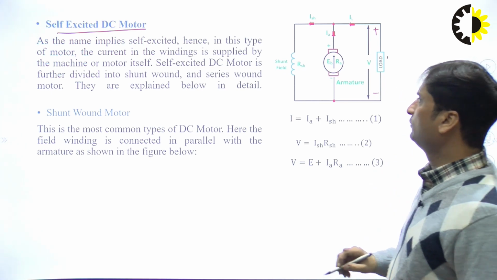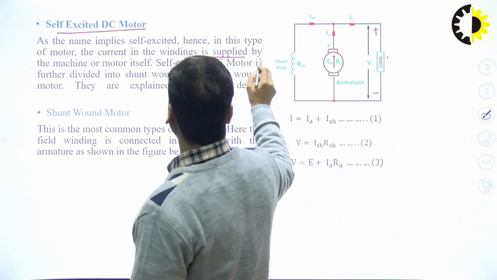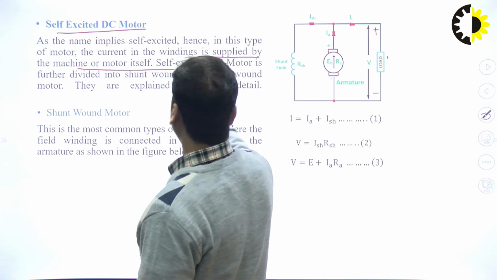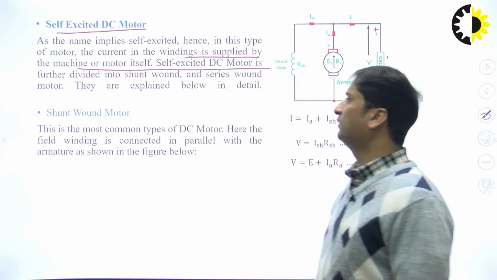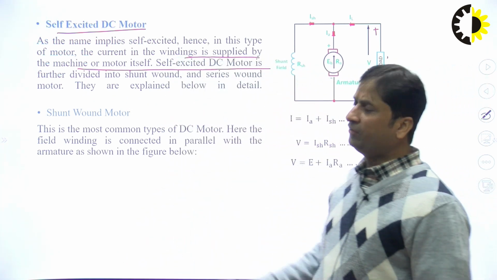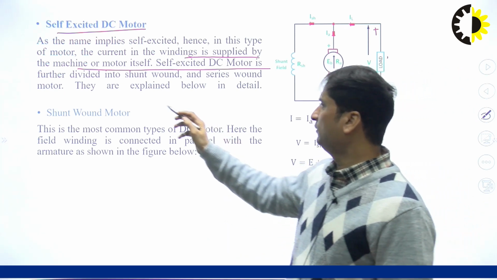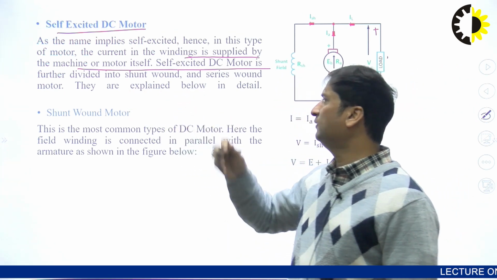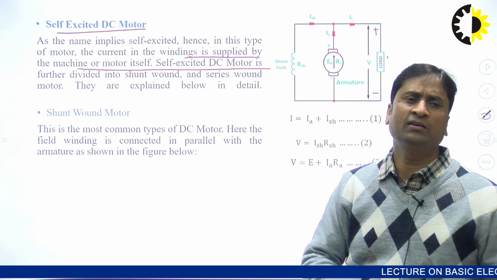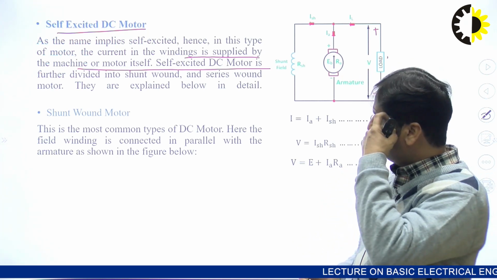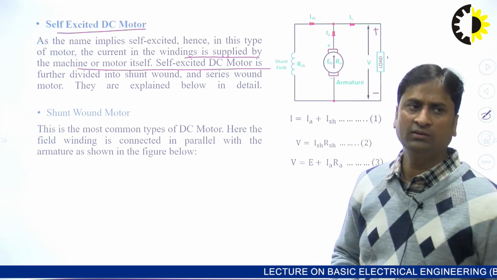In this type of motor, the current in the winding is supplied by the machine itself. That's why we call it the self-excited motor. Further it is divided into shunt wound and series wound, depending on how the series field and the shunt field are placed in the circuit.